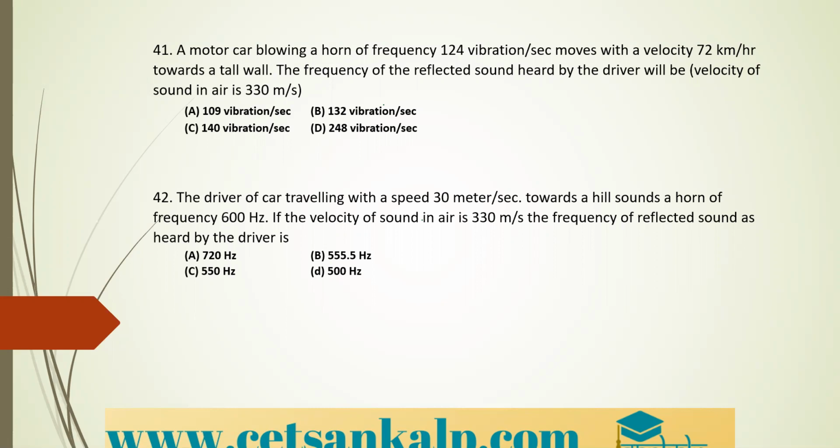So therefore, for the given condition, the formula will be n dash is equal to V plus V of car divided by V minus V of car into n. So this is equal to 330 plus 20 divided by 330 minus 20 into n.